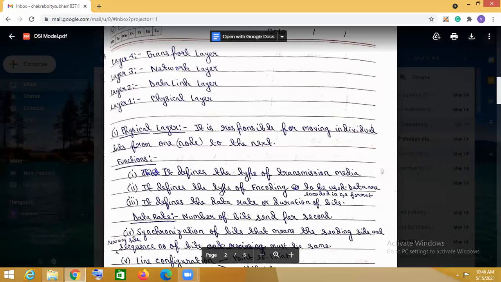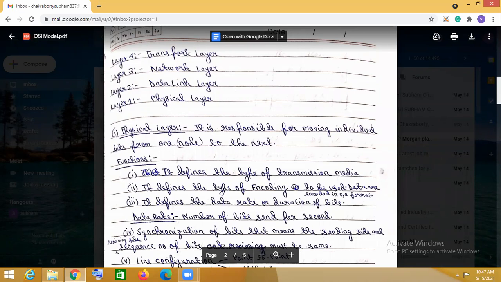In guided transmission media, the types used are coaxial cable, twisted pair cable, then fiber optic cable. And in wireless, we use infrared, microwave, radio wave, all this. So what type of transmission media should be used is defined by this physical layer.